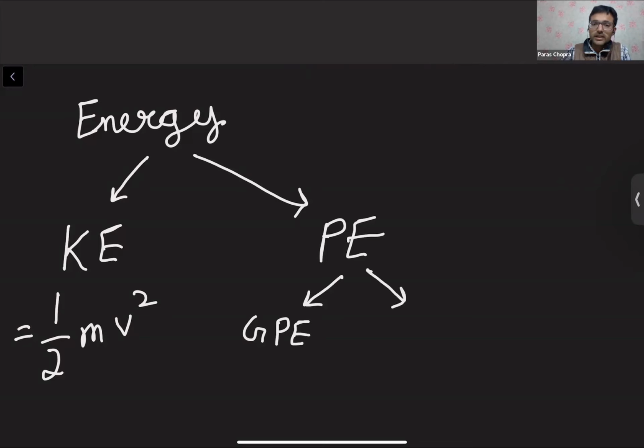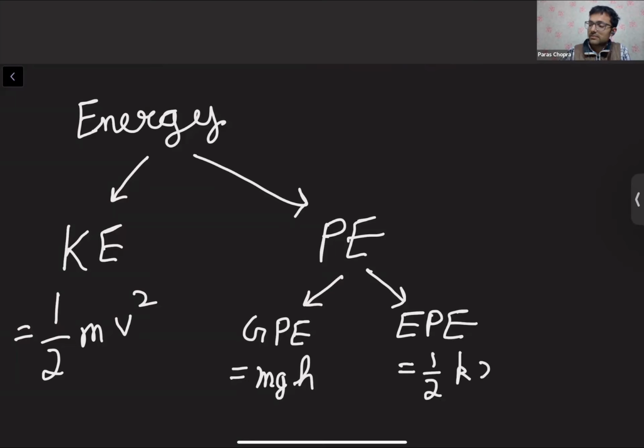And the second form of potential energy is the elastic potential energy or the spring potential energy. Gravitational potential energy is equal to mgh, and therefore if the height is more, then the gravitational potential energy is more, and the elastic potential energy is equal to 1 half k delta x square. So if you compress a spring or if you expand the spring, then it will have a positive elastic potential energy.